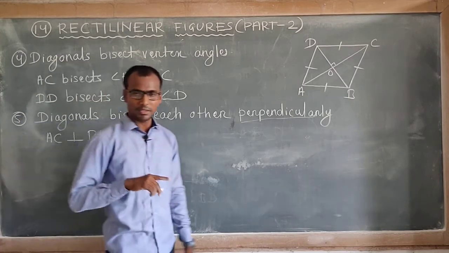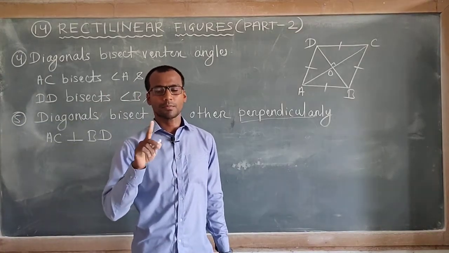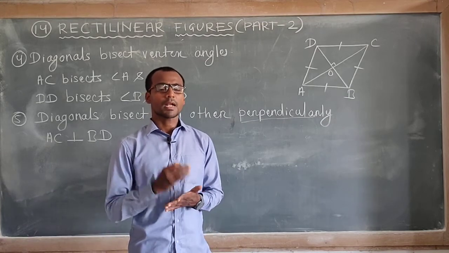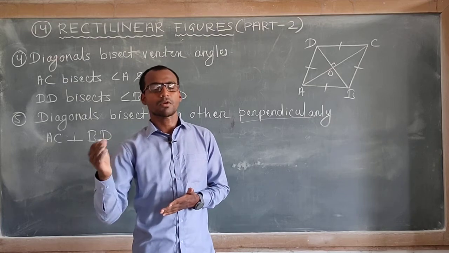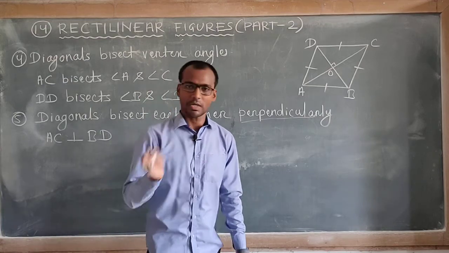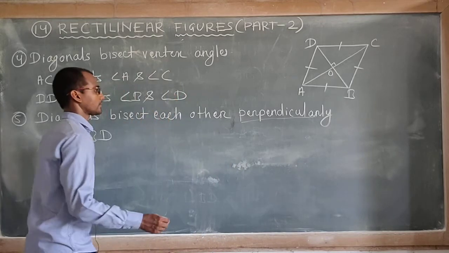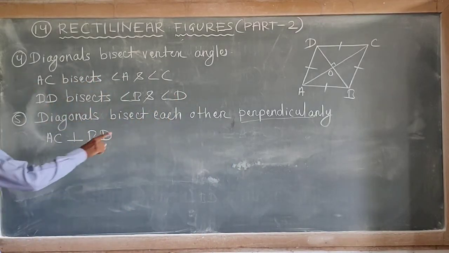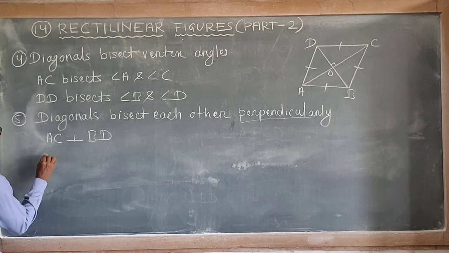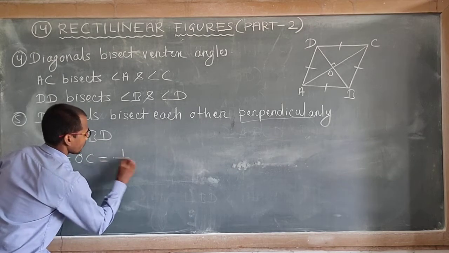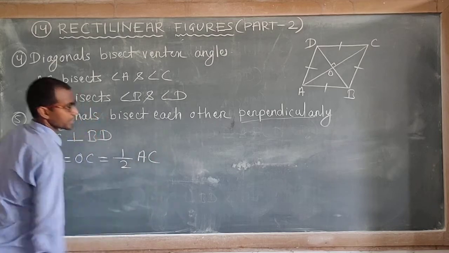As in case of a kite, diagonals were perpendicular to each other, but they did not bisect each other. Only one diagonal bisected the other. The other diagonal did not bisect the first one. Okay. But here the diagonals will bisect each other, one another. So extra first is perpendicular, then we can write OA is equal to OC is equal to half AC.